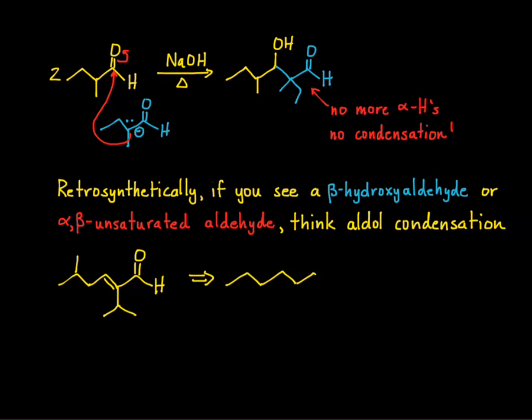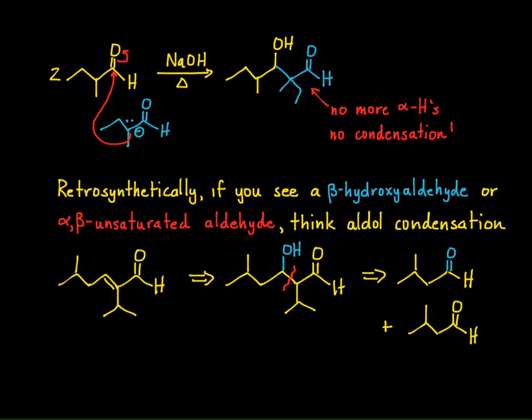Well, the first thing that I do is I start with the beta hydroxyaldehyde, right? Because I know when I was drawing the products of aldol condensation, the first thing is that I drew the carbon skeleton of the aldehyde, and I converted the carbon-oxygen double bond into a COH. So that COH carbon is where that point of attachment lies. So retrosynthetically, I'm going to break it right there, and I'm going to convert the alcohol into a carbonyl.